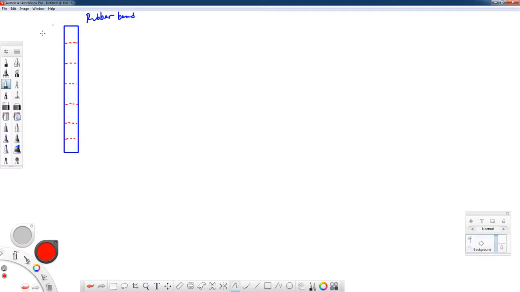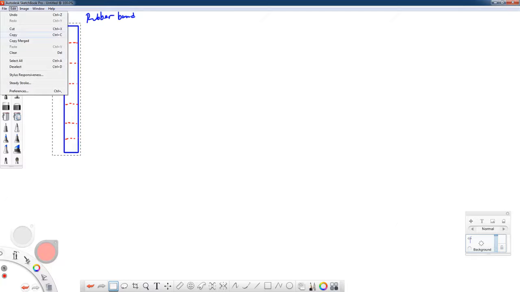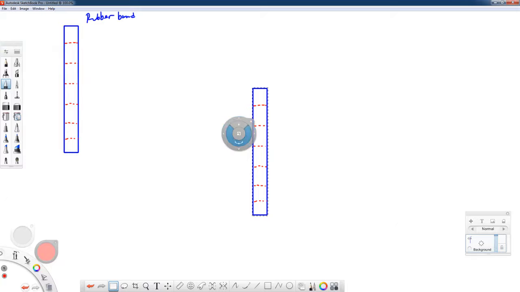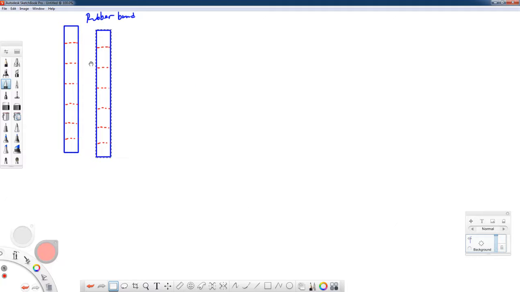And I'm going to take this rubber band sitting over here.